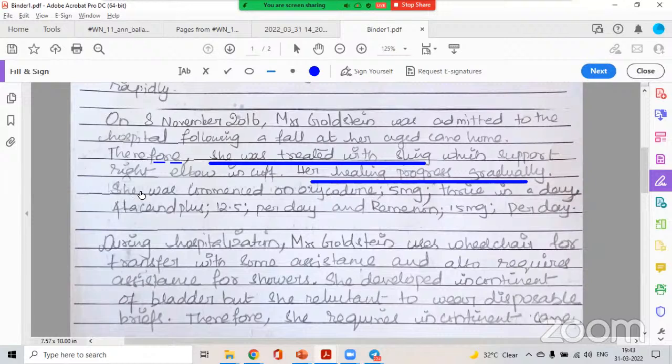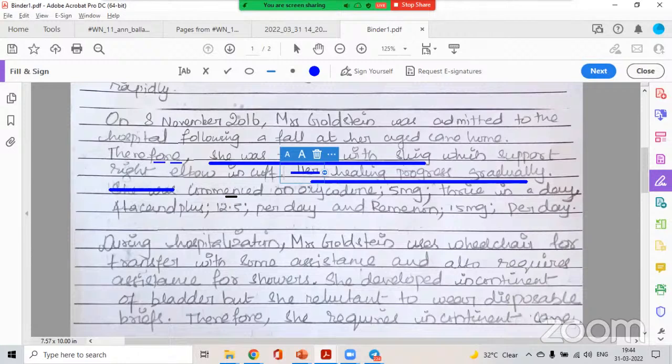Avoid she everywhere. Avoid her. The healing progress has been gradual. Otherwise, you can say the healing process is gradually progressing. Anyway, you can write, but this is not fine.